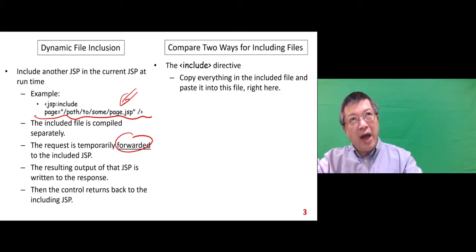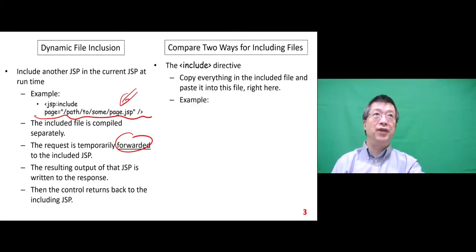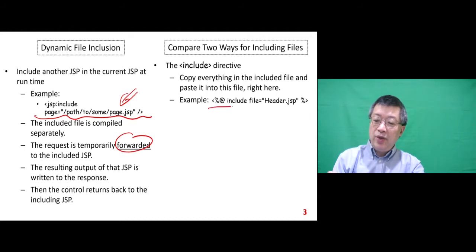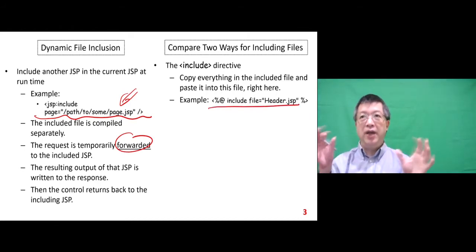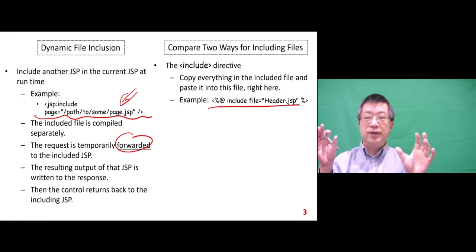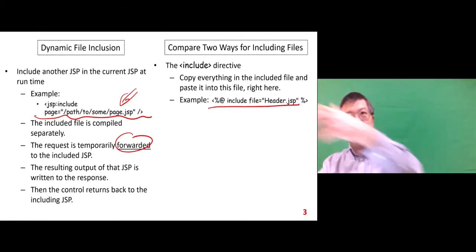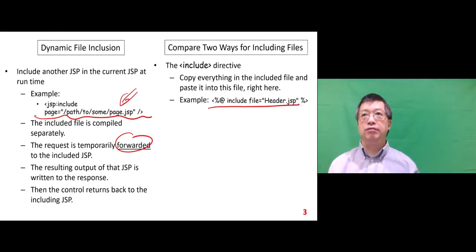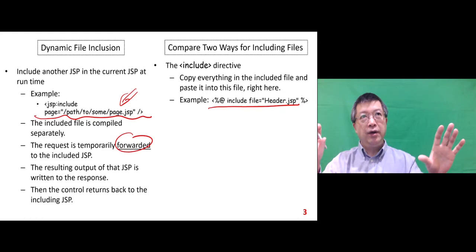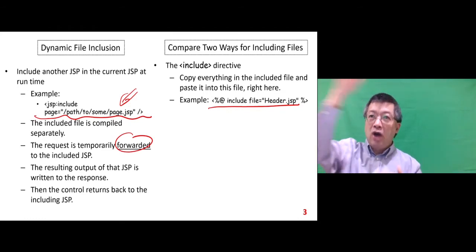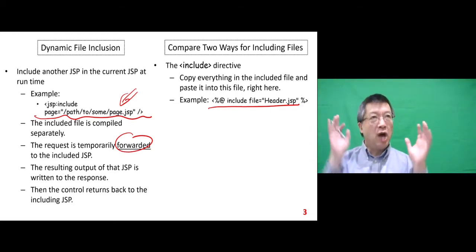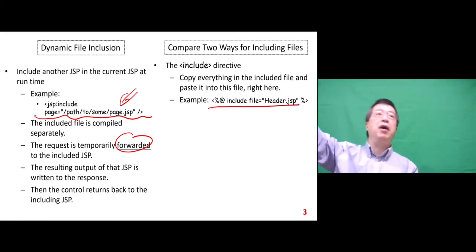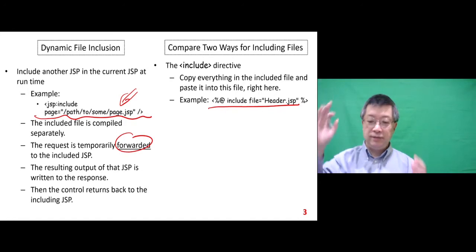For example, here we want to include another JSP file. Copy the source code of that JSP, paste it here, then compile the whole new file.